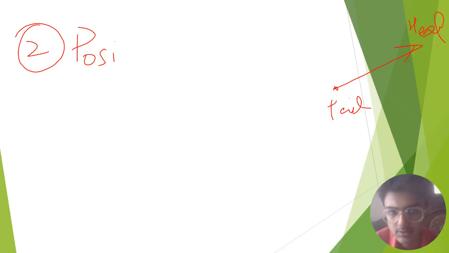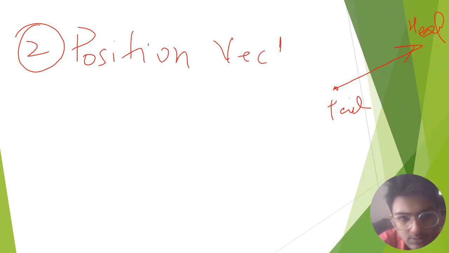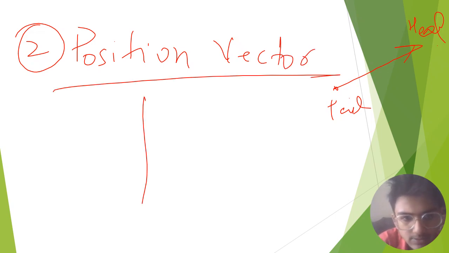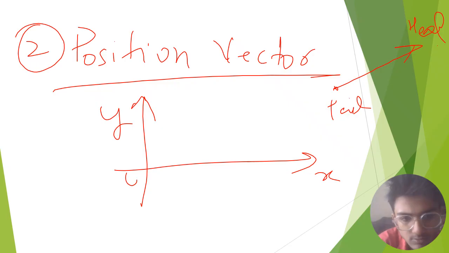Now talking about position vector. Now I think you know this. This is a vector, this is called the tail, this is called the head. Okay. Simple as that. Position vector is a simple vector taken in a coordinate system. This is the origin.